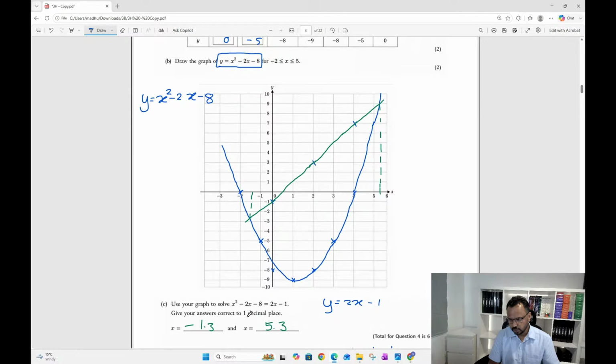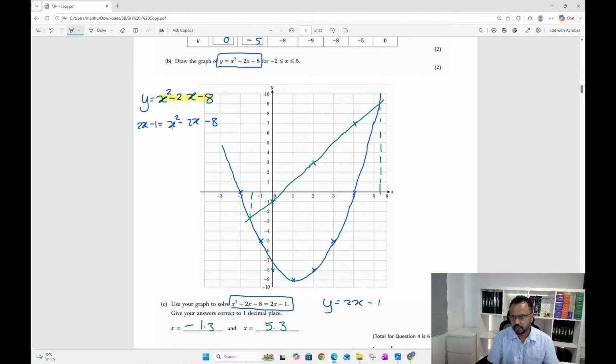The new thing they're asking you to solve says 2x minus 1 equals x squared minus 2x minus 8. Now, look at this. You can see the right-hand sides here and here are the same. So, obviously, the left-hand sides are the same. Thumbs up or give me some reaction if you understand it, because that is the point here.